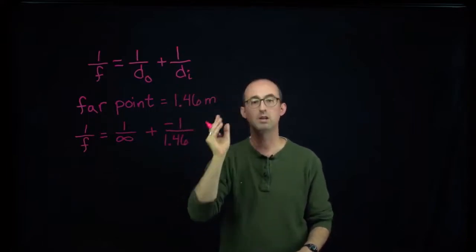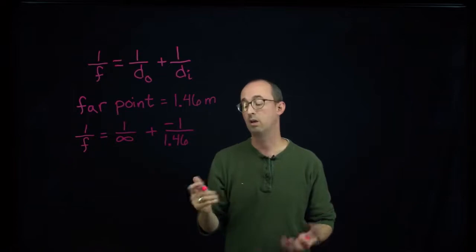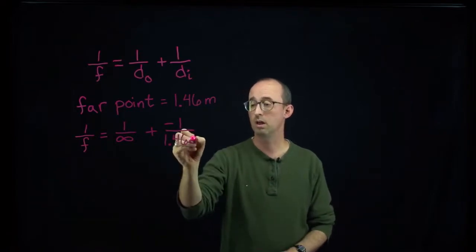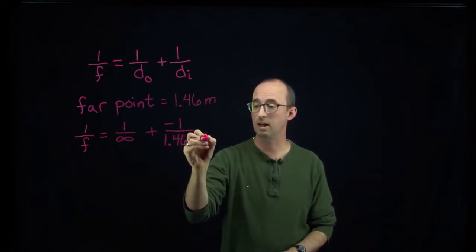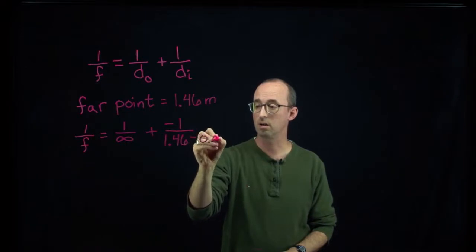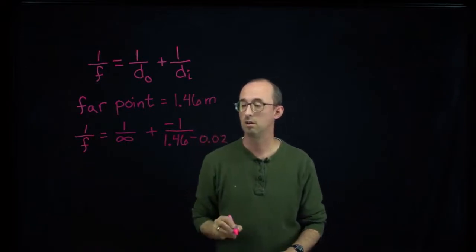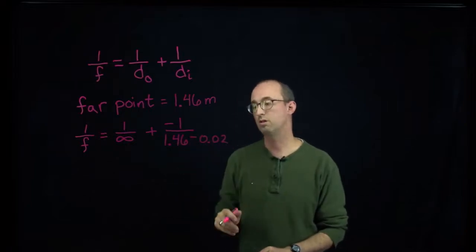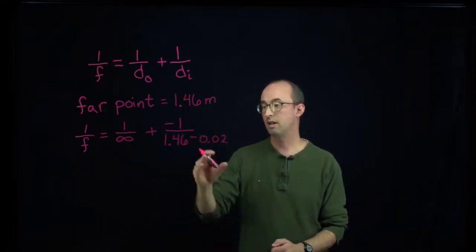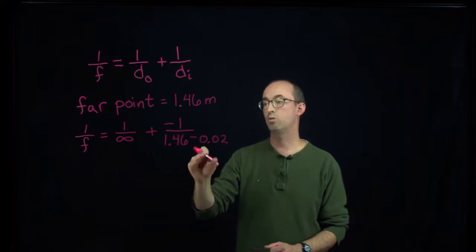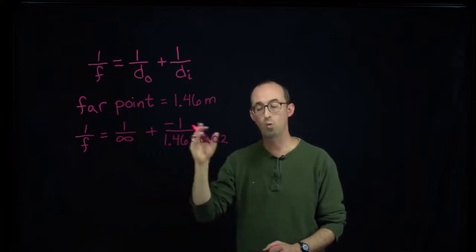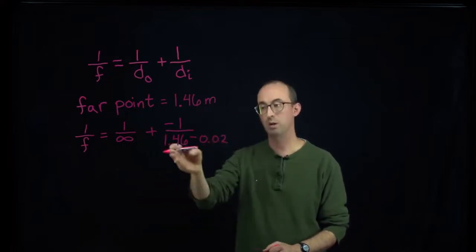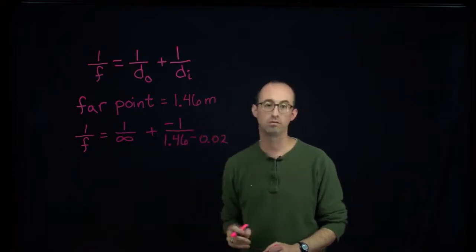But the glasses are not. They're a couple centimeters away. We're going to assume they're 2 centimeters away, so we have to subtract those 2 centimeters, so that the lens is actually going to create an image that's 1.44 meters away from the lens, but it'll be 1.46 meters away from the eye.